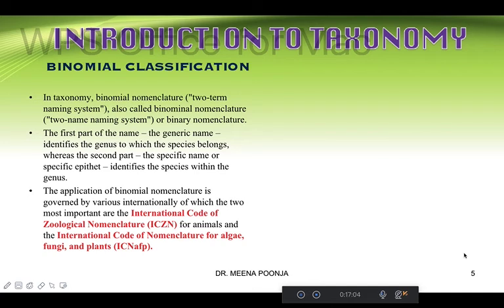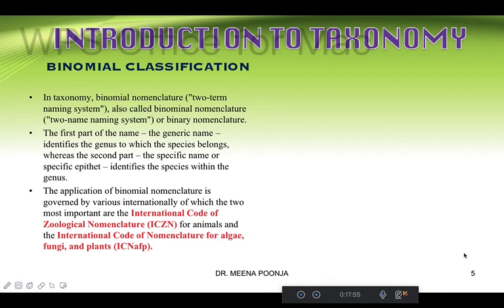These two codes are the International Code of Zoological Nomenclature (ICZN) for animals and the International Code of Nomenclature for Algae, Fungi and Plants (ICNAFP), formerly called the International Code of Botanical Nomenclature, which basically deals with the biological nomenclature of plants, algae, fungi, and so on. These codes make sure that each organism gets a specific name, and that name is globally identified.